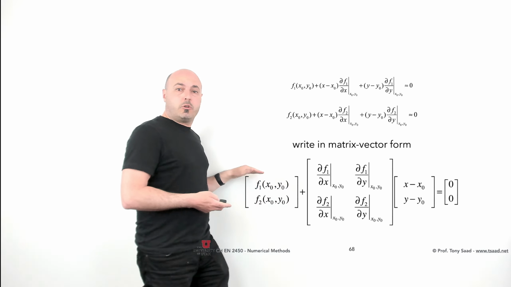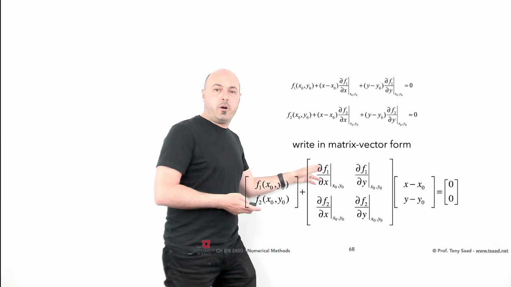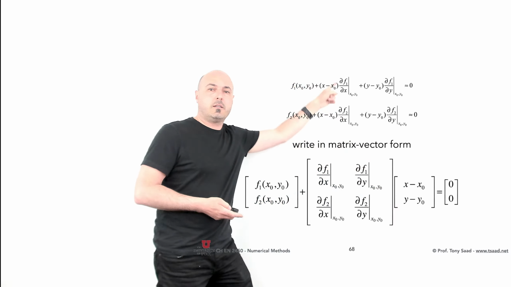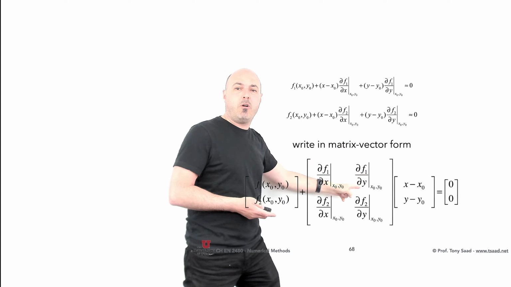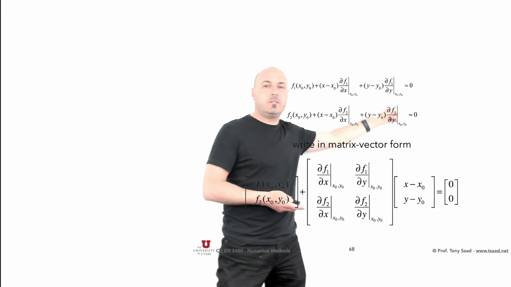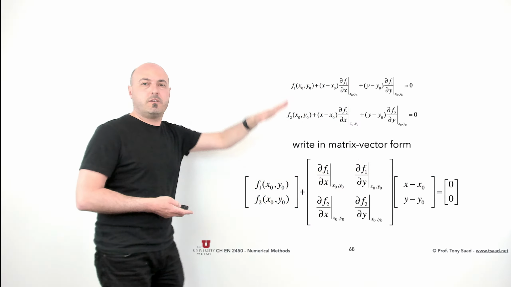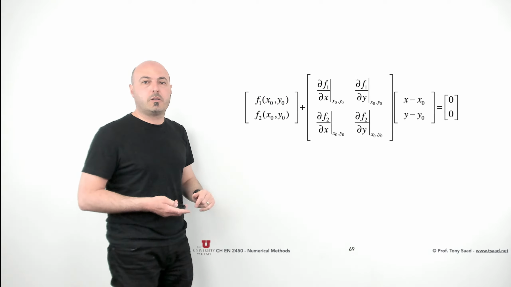For the first equation, you get f1 plus partial f1 by partial x times x minus x0, plus df1 by dy times y minus y0, equal to 0.